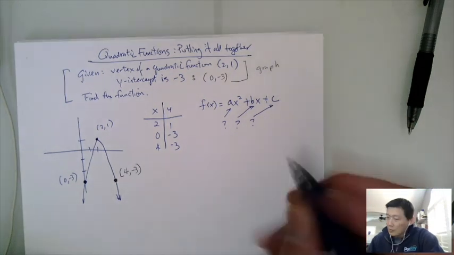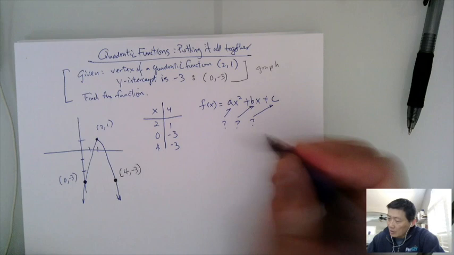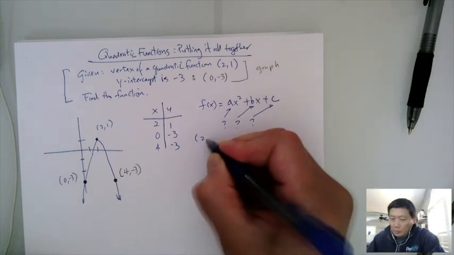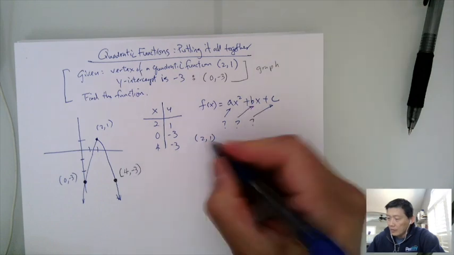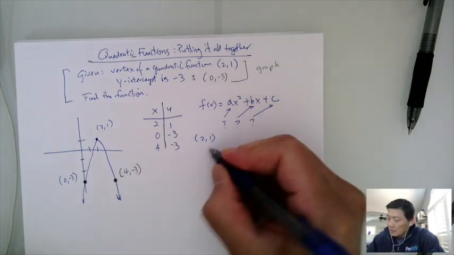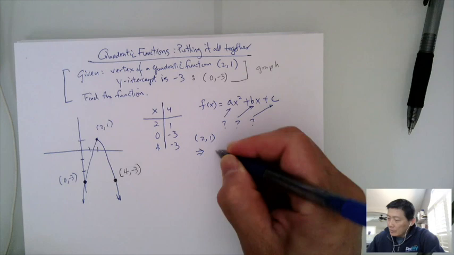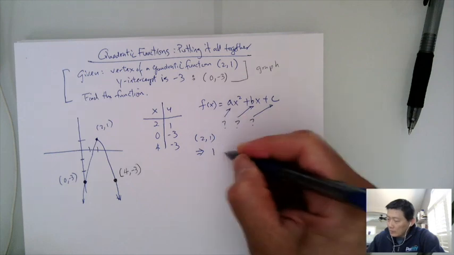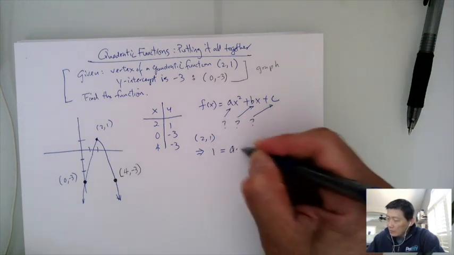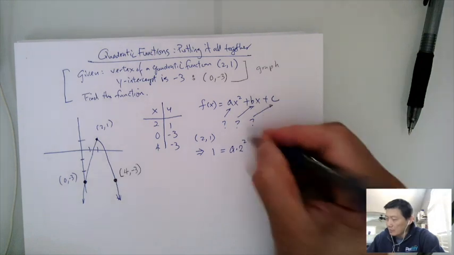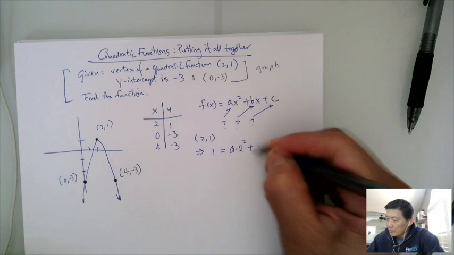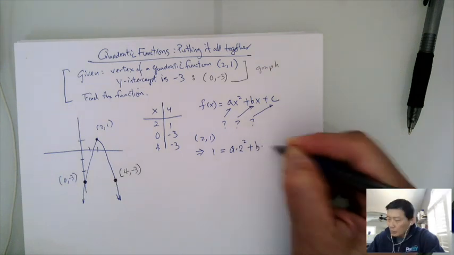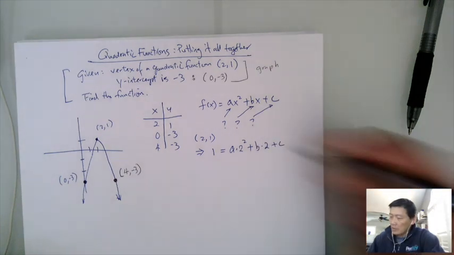So let's take a look at this. Start out with (2, 1), this first point: x is equal to 2, y is equal to 1. What that gives you is f of x equals 1. So 1 is equal to a times 2 squared, because x is 2, plus b times 2 plus c.